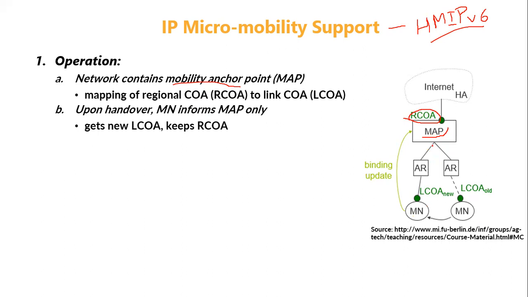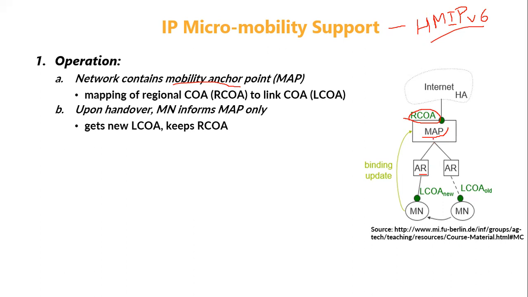There are many access routers. AR represents access routers. The access routers define the boundary of the MAP, mobile anchor point, by advertising the MAP information to the attached mobile nodes.